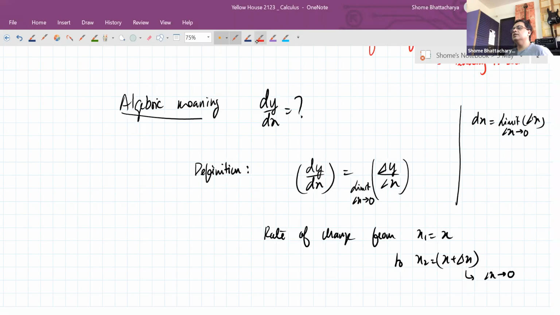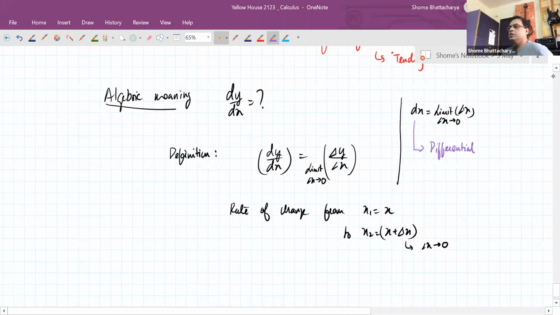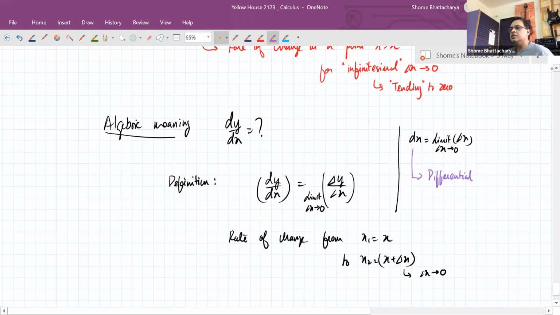So the term dx is given a special name. It is called a differential change in x, which means it is a very, very small change in x.